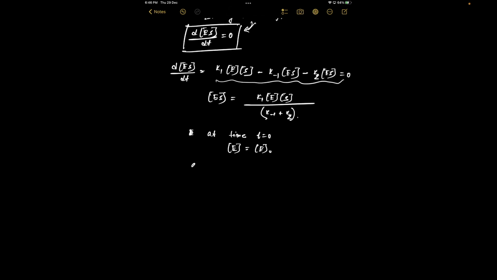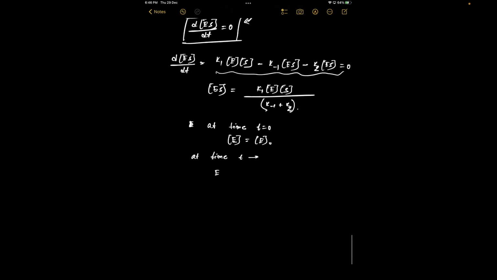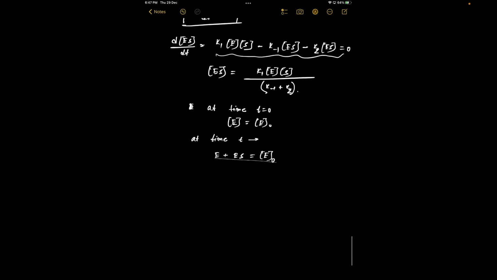Now at any time t, E plus ES will be E0. So E will be just E0 minus ES.